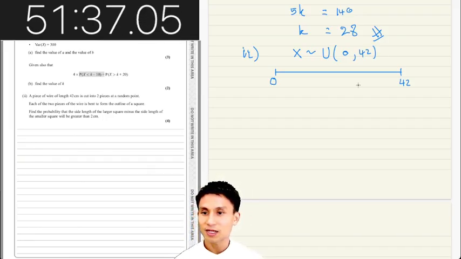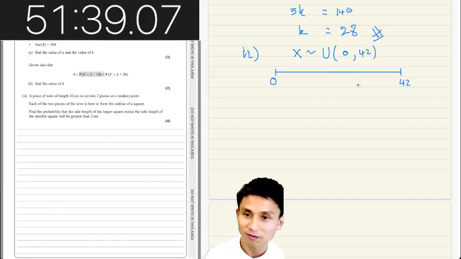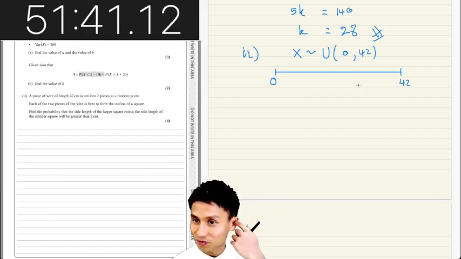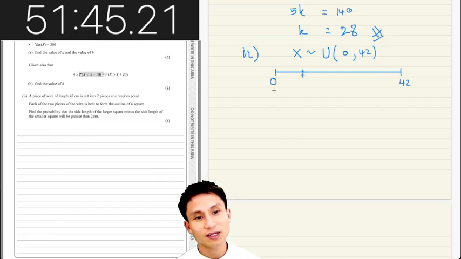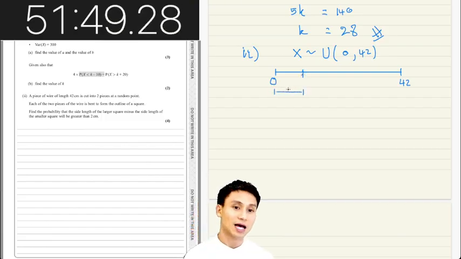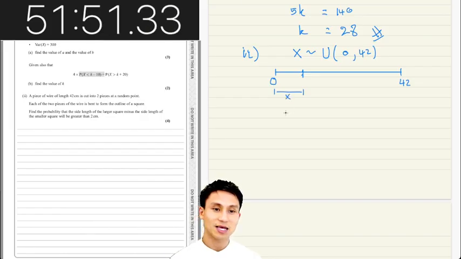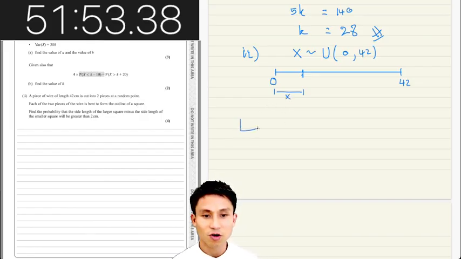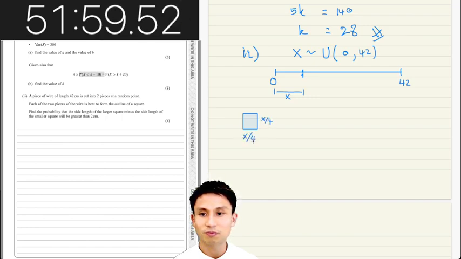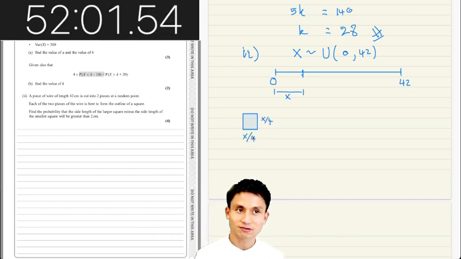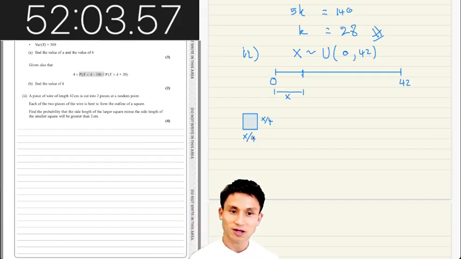Find the probability that the side length of the larger square minus the side length of the smaller square will be greater than 2. So if x is where we cut from 0, the smaller square would be x divided by 4, because you need to bend that to a square. Let's say a perfect square.